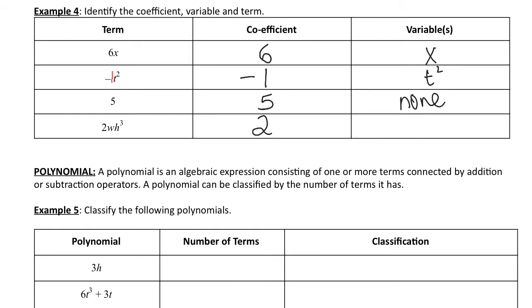There's more than one thing that you're trying to solve for. So if you are identifying the variables, you need to include all of the letters that you see. So our variables for this term would be w, h cubed. They're attached together, so you're going to keep them attached together when you identify them.